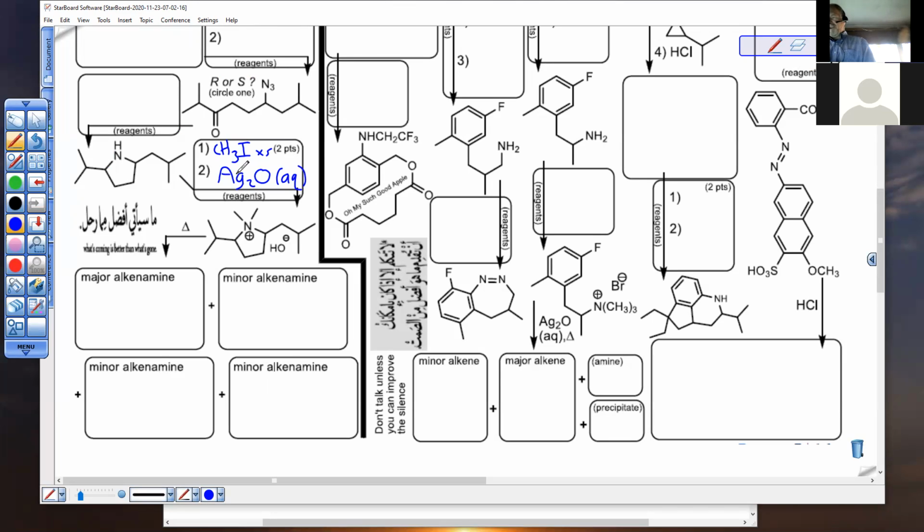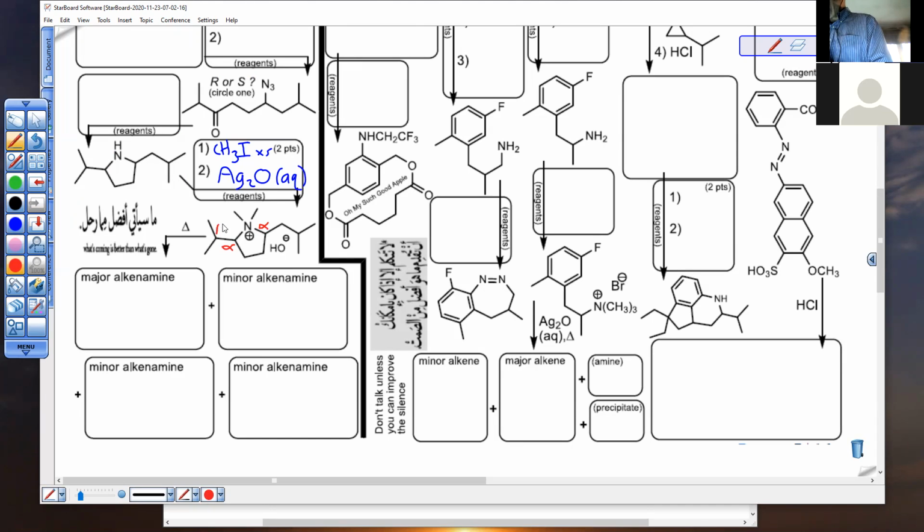And then we got to figure out where our beta hydrogens are so we can do major minor alkenes. Remember, the nitrogen ammonium ion is the leaving group, which makes this a potential alpha, as well as this. Leaving groups are attached to alpha. Beta is one away.